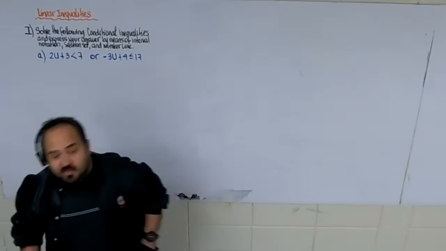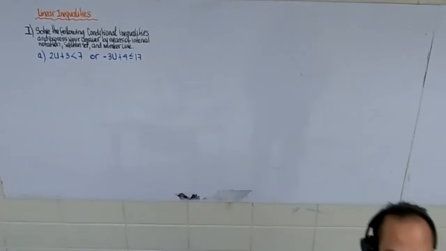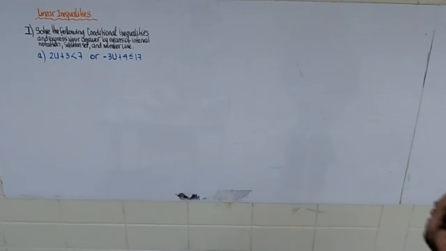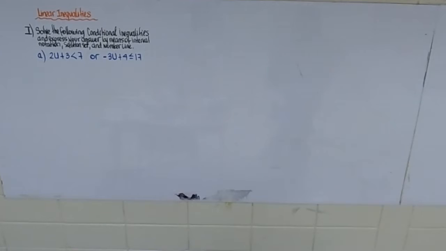All right, guys. Today we're going to continue studying linear inequalities, but in this situation there's going to be another variation, and the name of this inequality is conditional inequalities. Why conditional inequalities? Because we have a condition: one or another thing, or one and another thing.